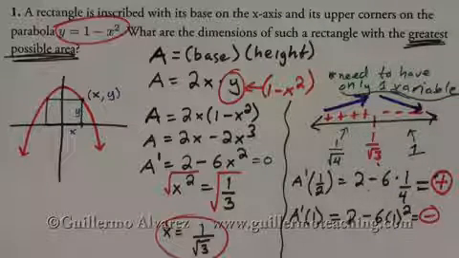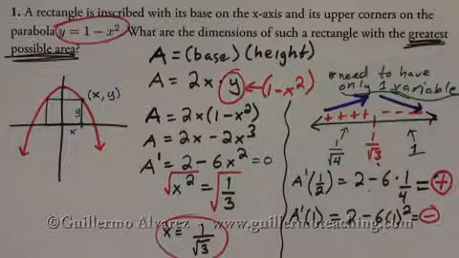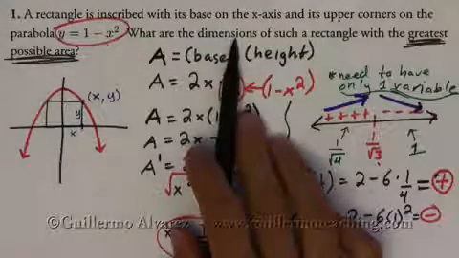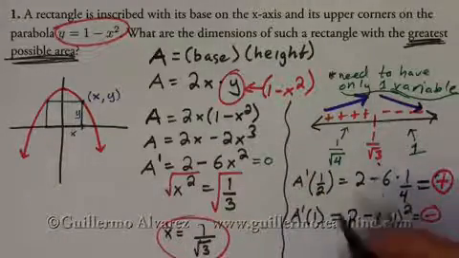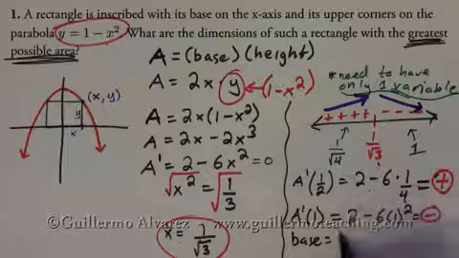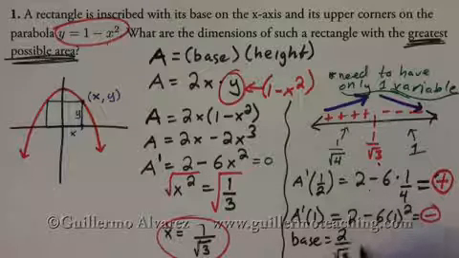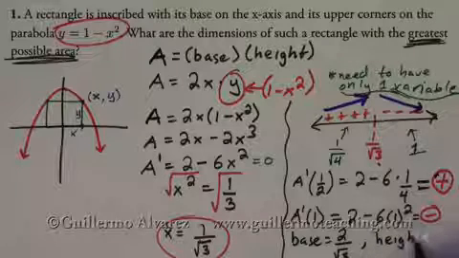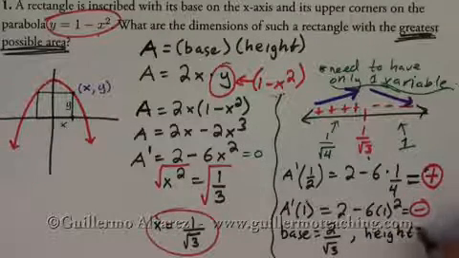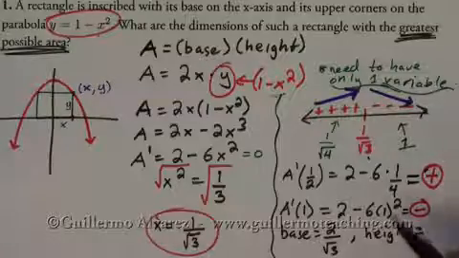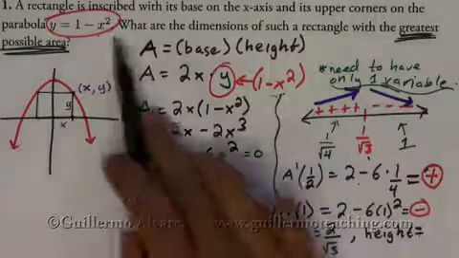So that pretty much answers the question, almost. It's asking for the dimensions, and the base is 2 times x, so the base is 2 over the square root of 3. The height is equal to 1 minus x squared.